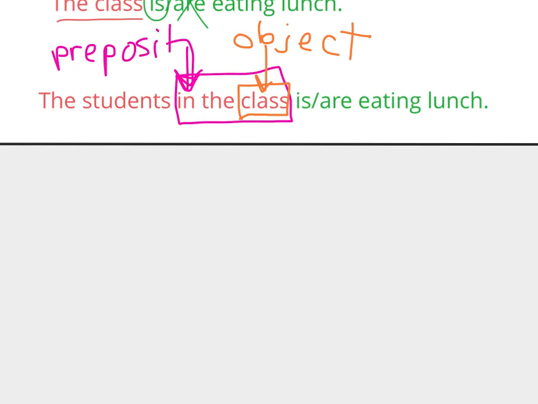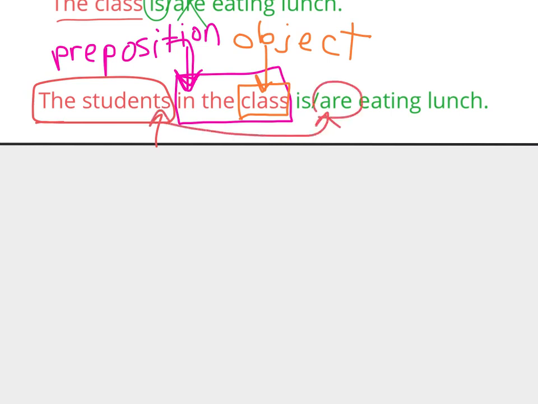And an object can never be the subject. So class, it is not the class eating lunch. In the class is just a prepositional phrase telling us which students, but it's the students who are eating lunch. You see that S at the end, so we want to go with are. The students are eating lunch.